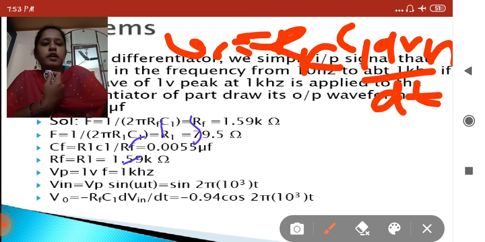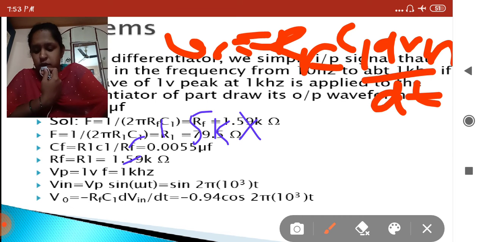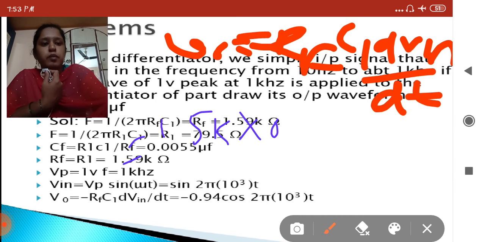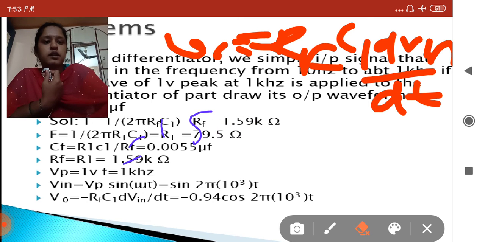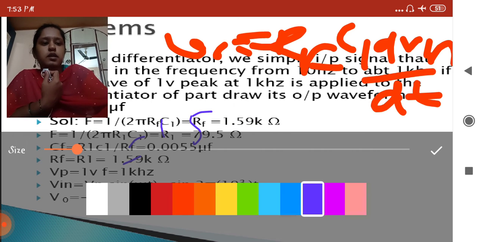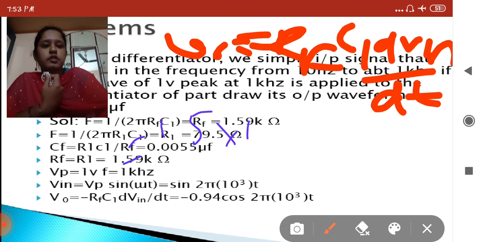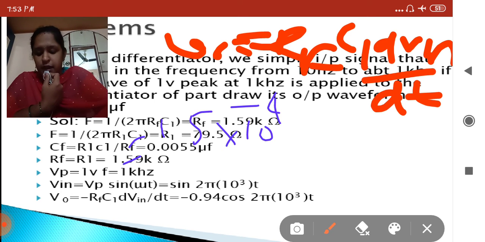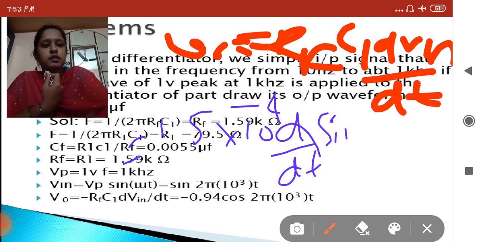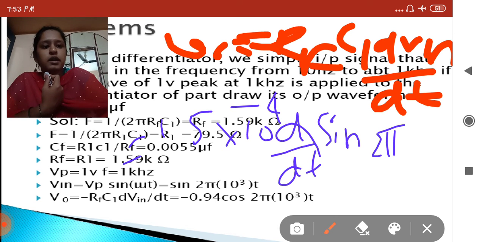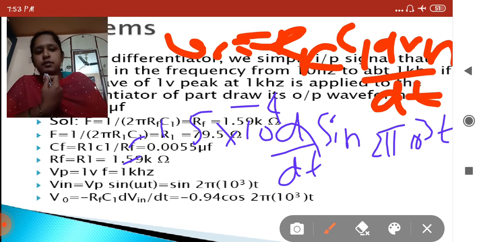RF is 1.5 kilo ohm, C is 10 raised to minus 7, and I'm going to use plus 3, 10 raised to minus 4. Then d by dt of sin 2 pi 10 raised to 3 into t.